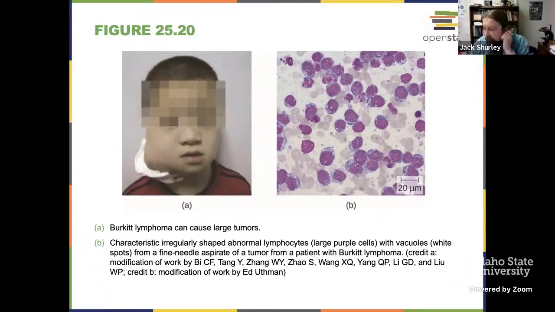HIV sets the stage for that, or other immunodeficiencies. Over here we can see monocytes that have been infected, the infectious mono. These lymphocytes with the vacuoles, these little holes within there, which is irregular.